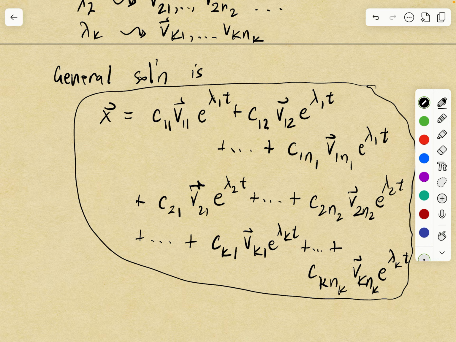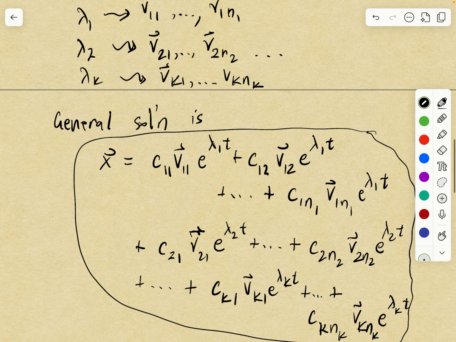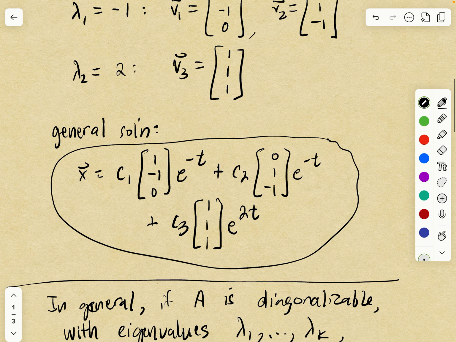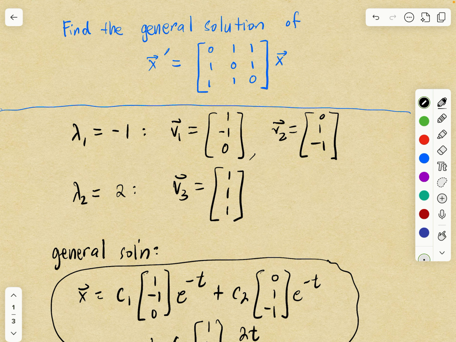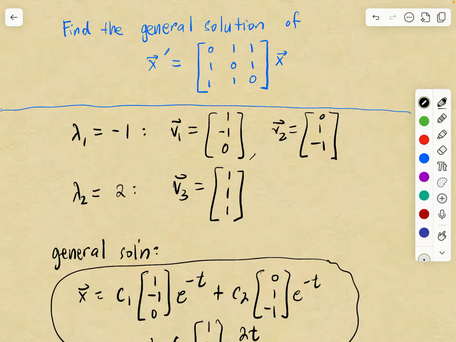That's what this is saying. It just looks very complicated, but it just generalizes what we have here. So as long as your matrix is diagonalizable, you have an explicit description of the general solution of x prime equals Ax.